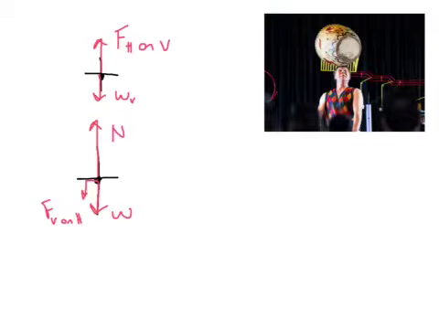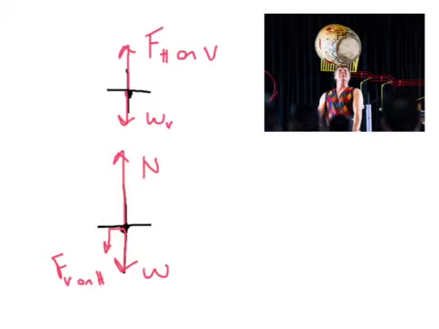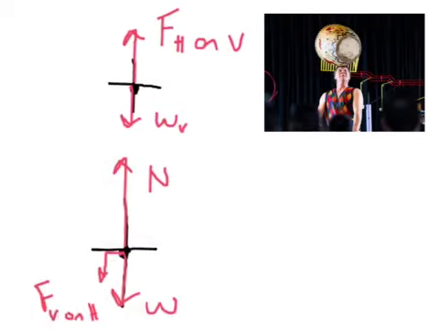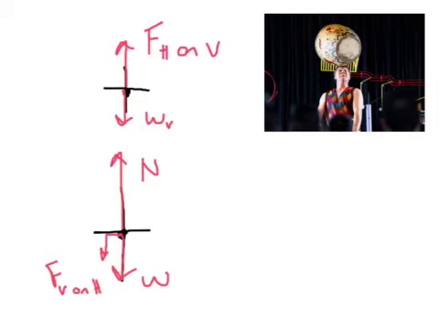Okay, so that problem there, we've got the two objects, the vase and the acrobat. For the vase, we should see two forces acting on it. The weight of the vase, because of Earth's gravitational field, and the force of the head on the vase pointing directly up.